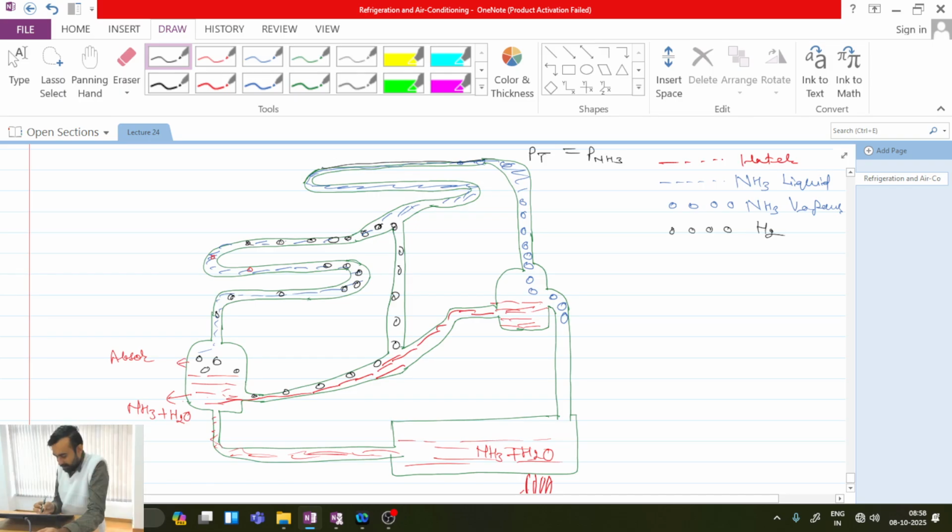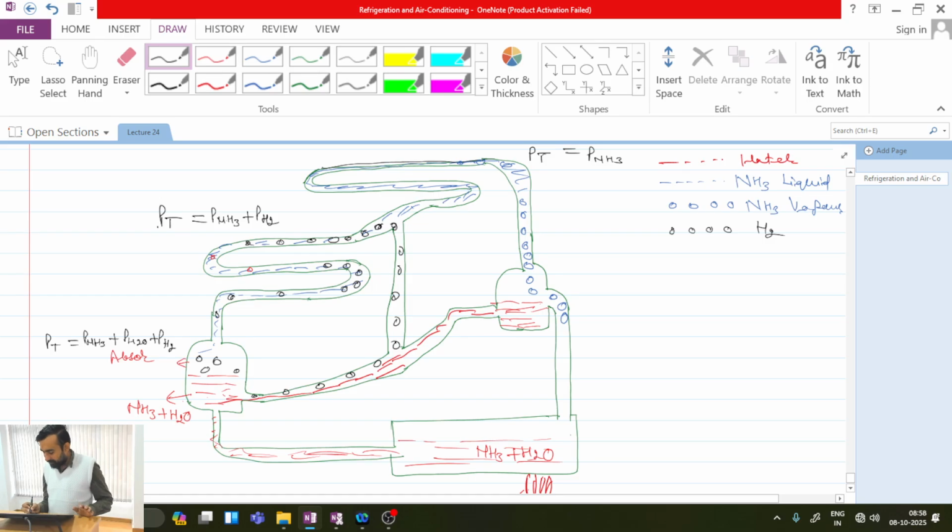If I go to the evaporator, the total pressure PT in the evaporator, because I am using PT everywhere since the pressure is the same everywhere, is equal to the pressure because of ammonia plus because of hydrogen. In the absorber, the total pressure is because of ammonia plus water plus hydrogen. You see, the water-ammonia mixture is there and the hydrogen bubble is also there. Correct?